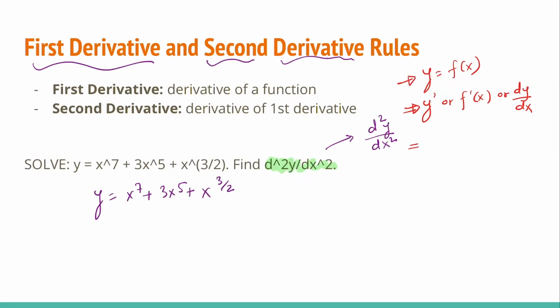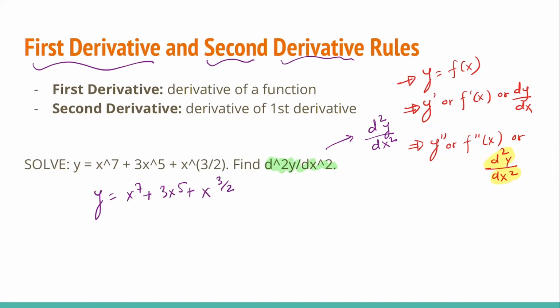Similarly, y double prime, or f double prime of x, or d squared y over dx squared, also means the second derivative. And in the notation, if we notice, it has a very unique form, right? D squared y and dx squared.